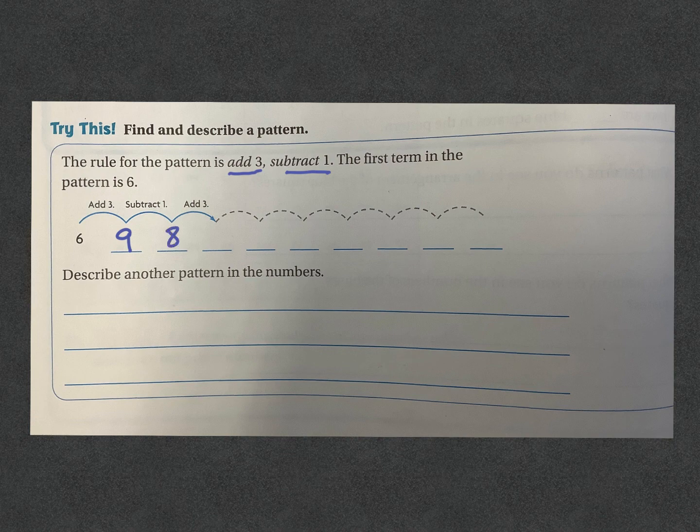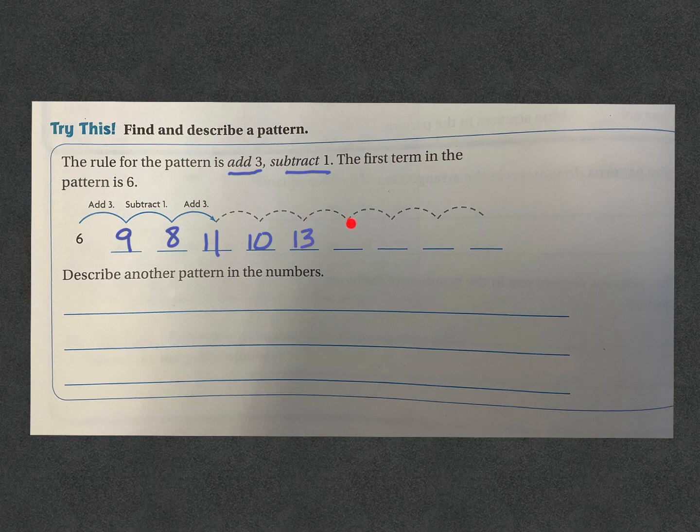Very good. Then we will add 3. So we're going to go add 3, subtract 1, add 3, subtract 1. Okay, so add to 8. We'll add 3. So 8, 9, 10, 11. Then subtract 1. 11 minus 1 is 10. That's right. Add 3. So 10 plus 3, 13.